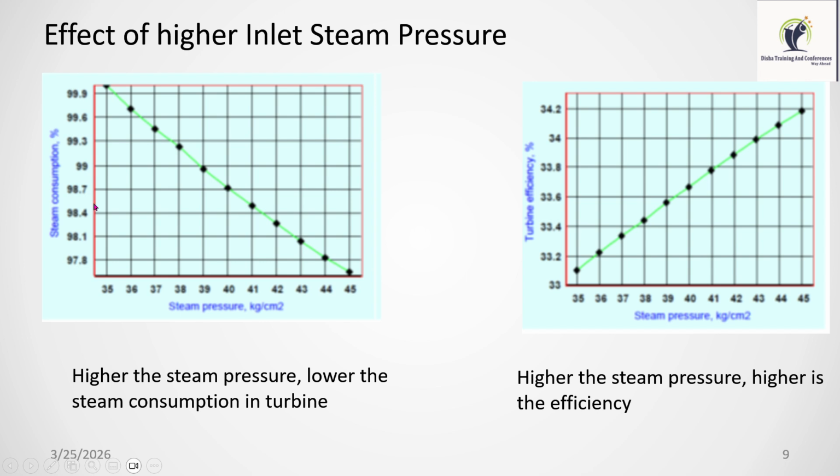So around 2% steam consumption will come down. Similarly, for the efficiency, earlier efficiency was 33.1, and for 45 pressure, efficiency will increase to around 34.2. That means around 1.1% efficiency increase will take place if we increase the steam pressure.